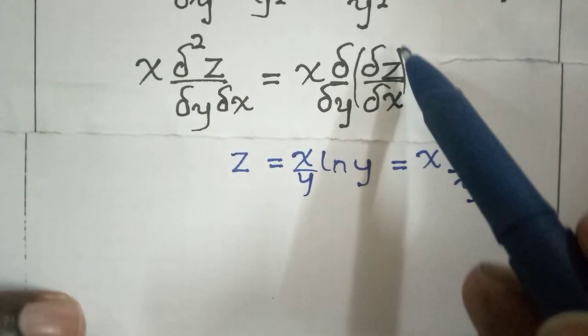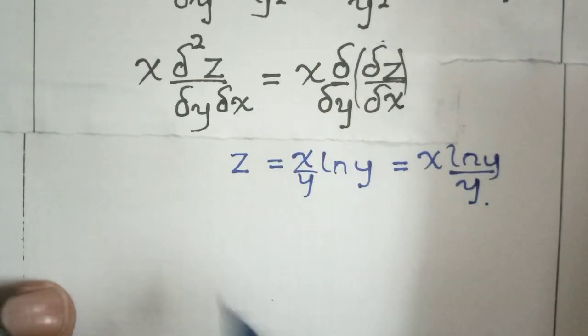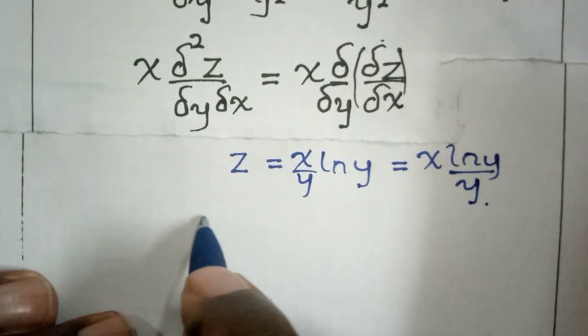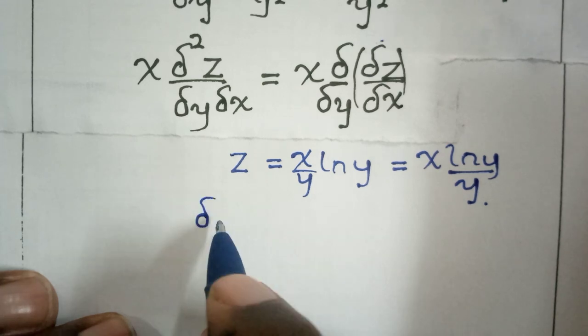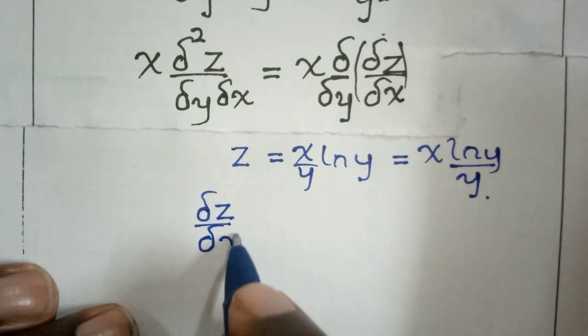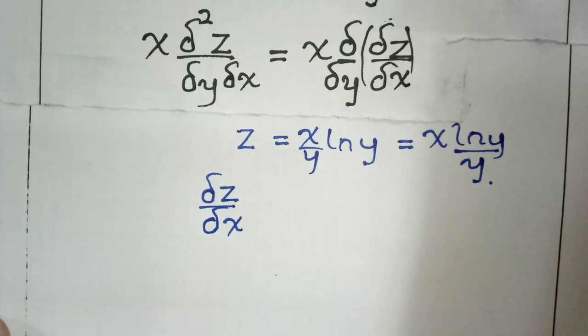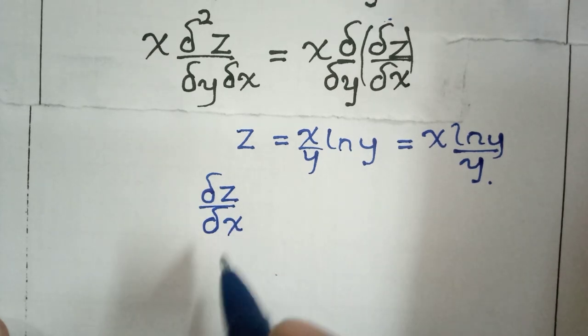So the first thing I'll do is that I'll look for that. So in looking for that, guys, let me just write it here. I'll have that all over x, that is partial differentiation of z with respect to x. So all the other, apart from x, is a constant.